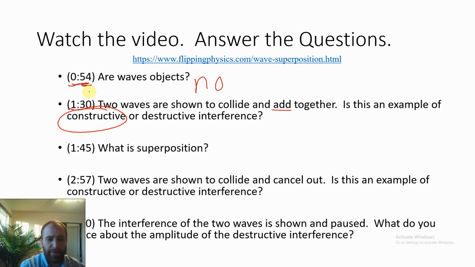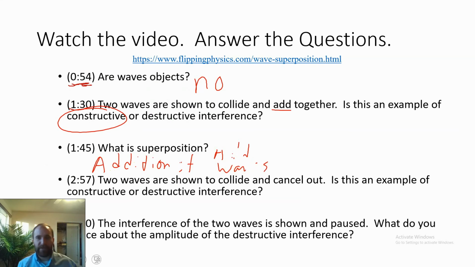Well, if you wrote anything, I forget the exact wording he had there, but basically it's the addition of waves. And that's what superposition means. So again, it's this interference. How do you find the resulting waveform or what it would look like? You just add them together. So anything you wrote along those lines, the addition of waves.